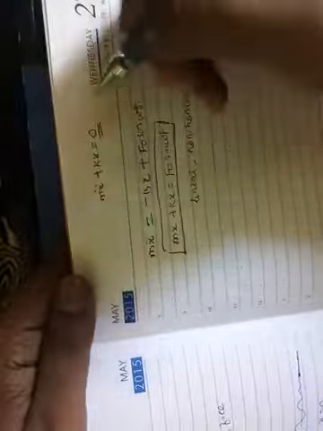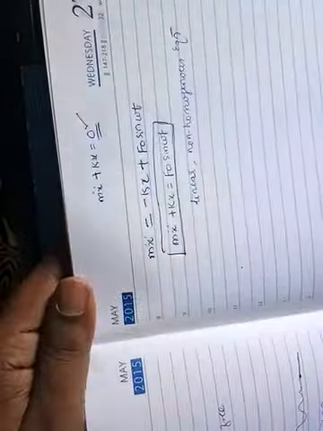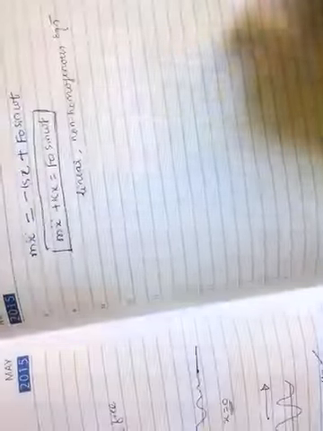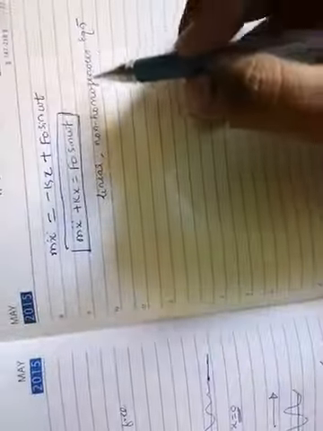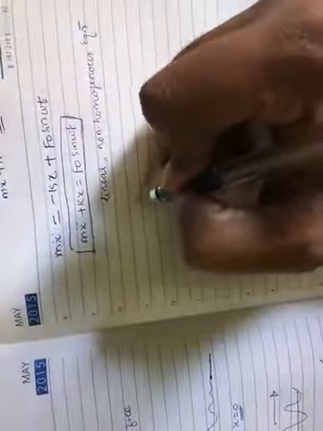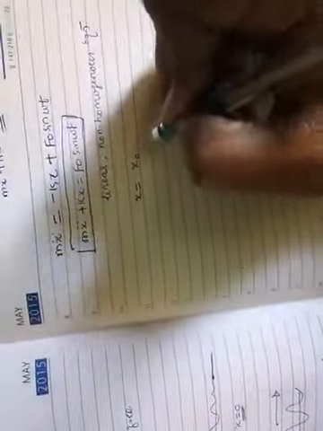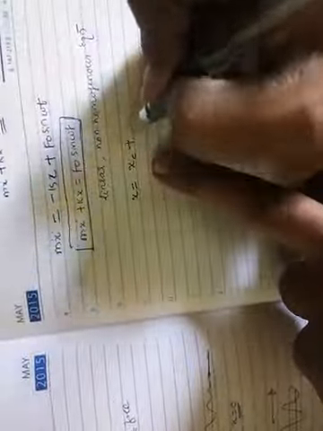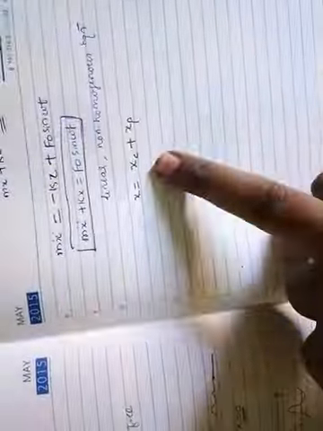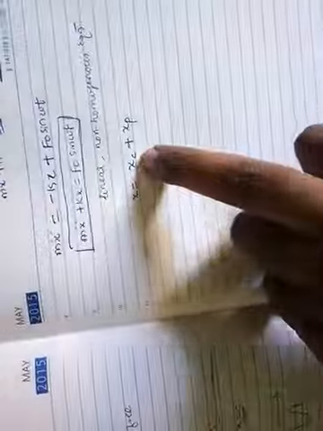In case of free vibration, you already know m x double dot plus kx is equal to 0, which is called homogeneous. Now it is a non-homogeneous equation. For the non-homogeneous equation, there are two solutions: the complementary solution and the particular solution. What is the complementary solution?